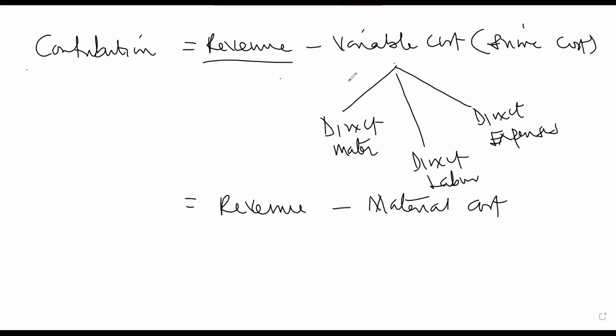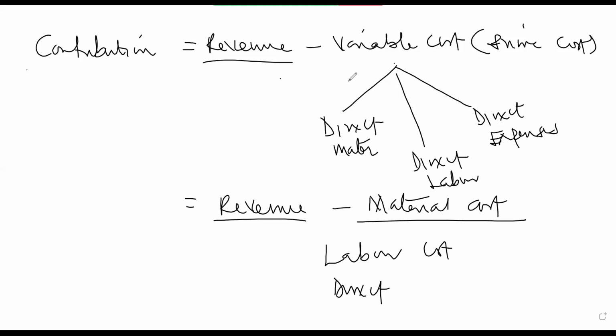So throughput contribution is calculated as revenue minus the material cost. So labor cost, direct expenses, manufacturing overheads, all of these things are being treated as what? Conversion cost. Cost that is incurred to change the raw material to finished goods.